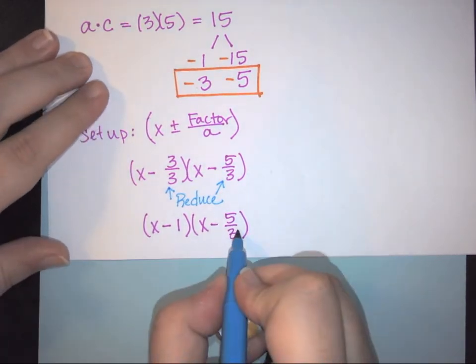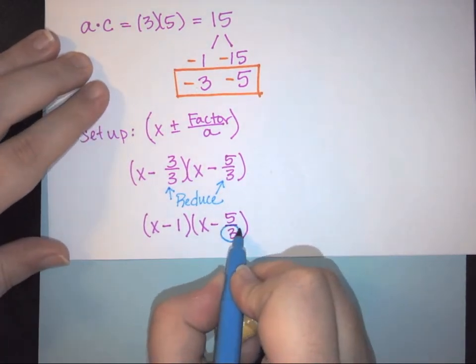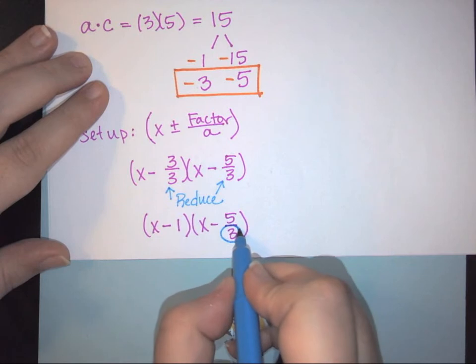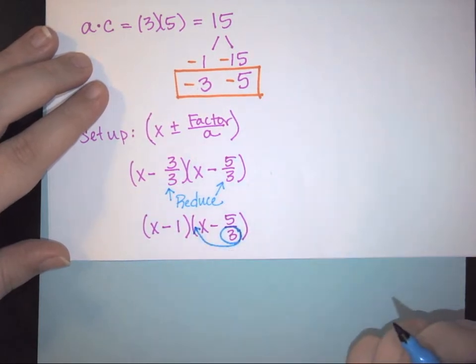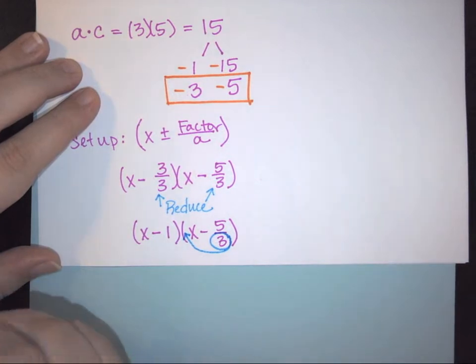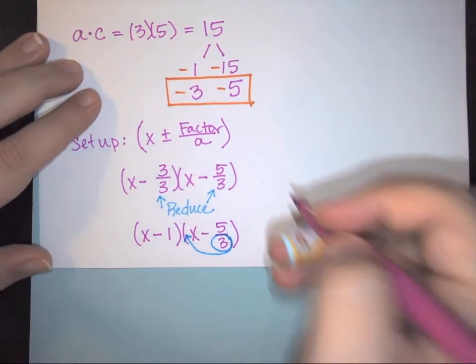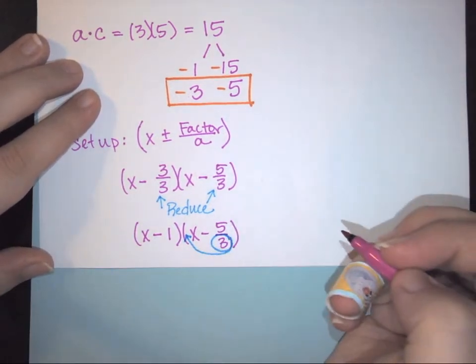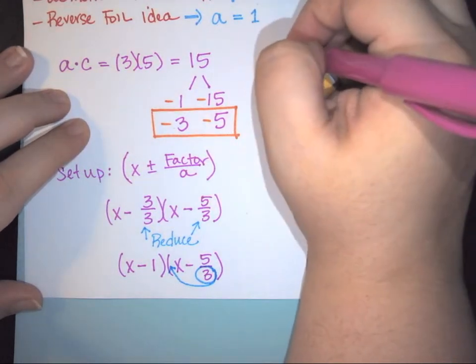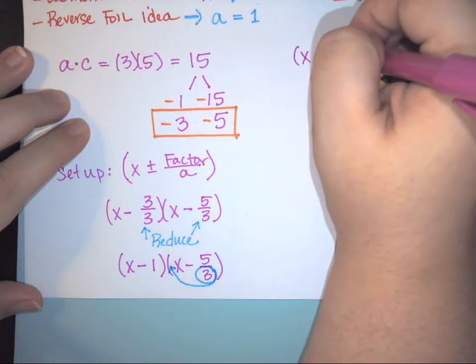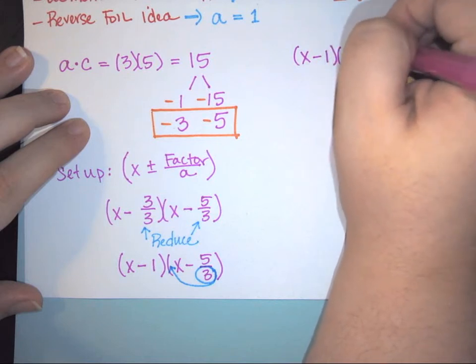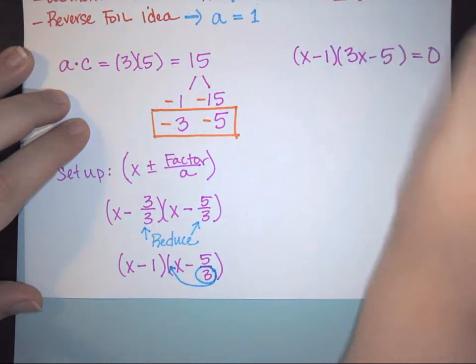So bottoms up says anything that you have left in your denominator, like this 3, is going to shift up and become the coefficient of your variable term. So therefore, my factors become x minus 1 times 3x minus 5, and this is equal to 0.